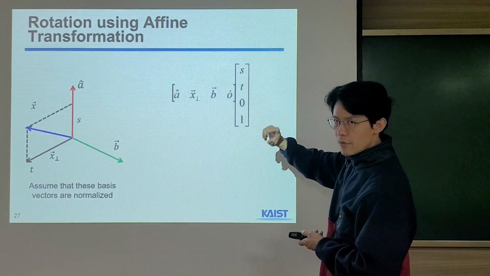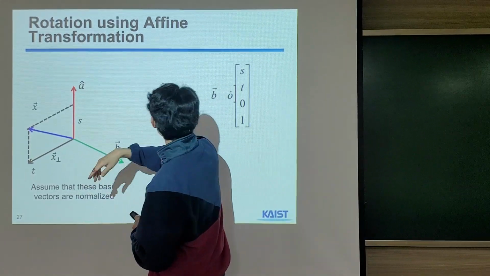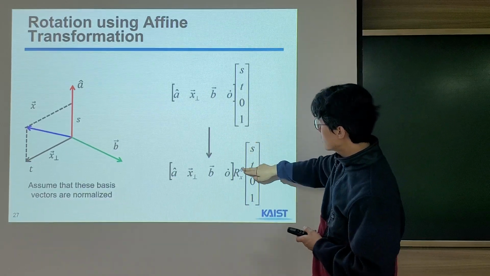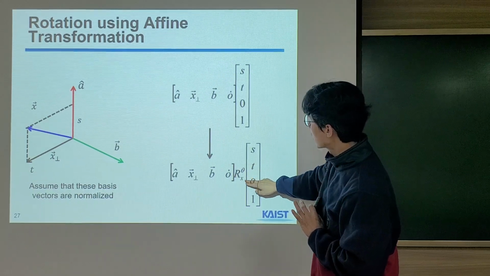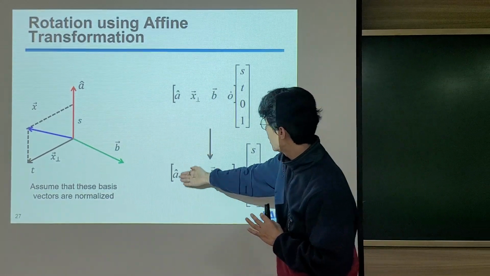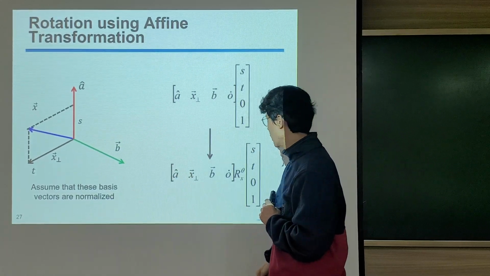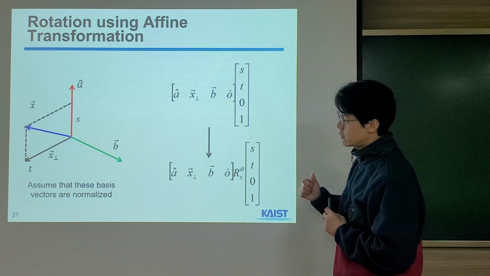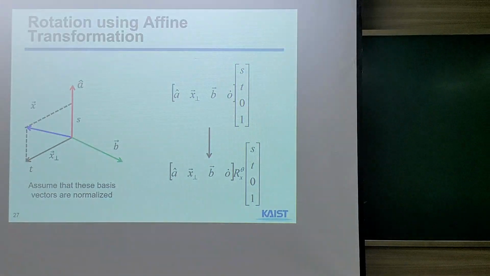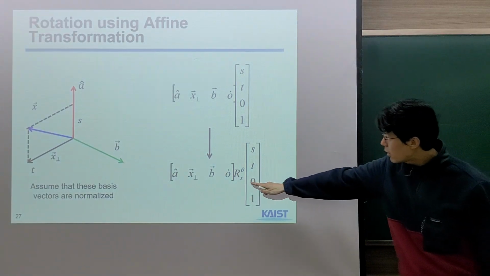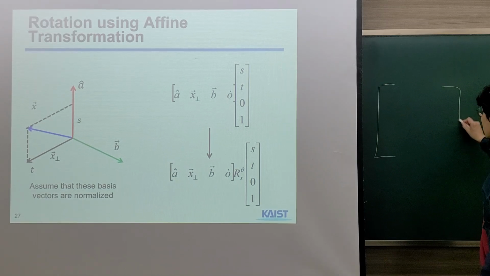Then if we perform the rotation here, we want to rotate along the a vector, right? Then we can perform the canonical rotation matrix along that x axis, which is the canonical rotation matrix in 3D.